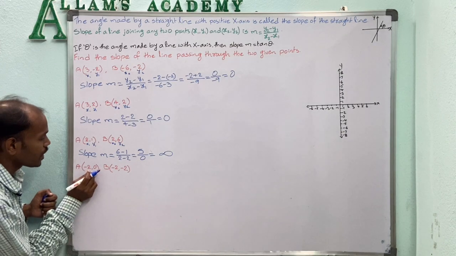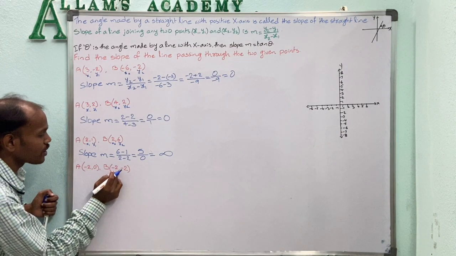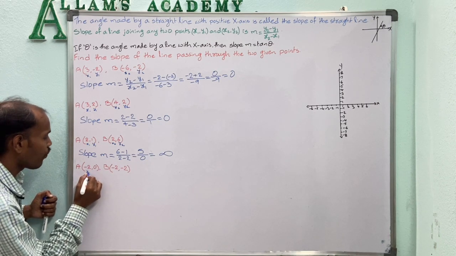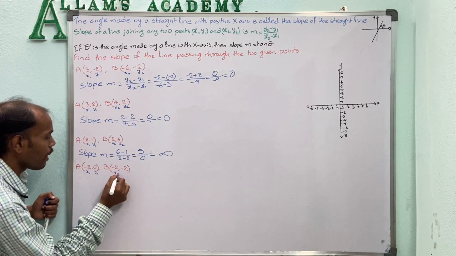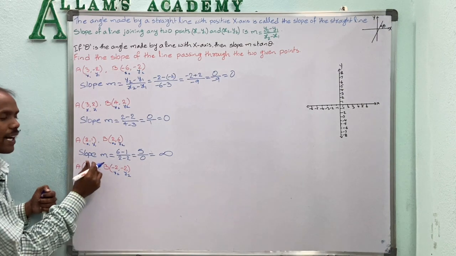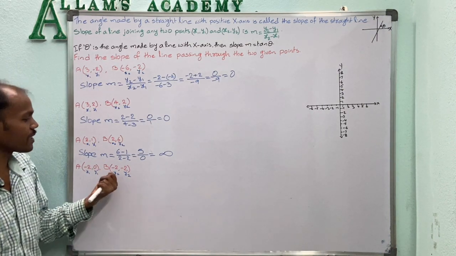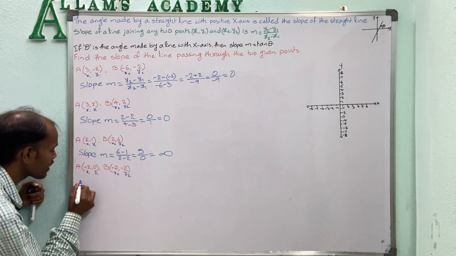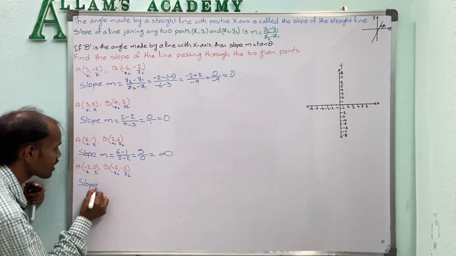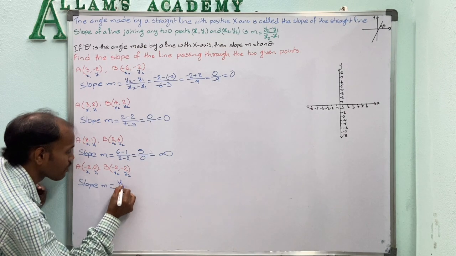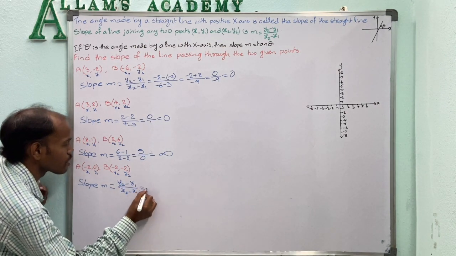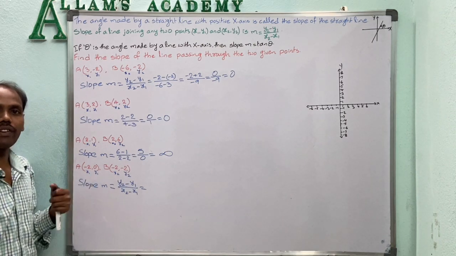Next, if the points are minus 2, 0 and minus 2, minus 2, then we find its slope. So minus 2 comma 0 are the x1 y1 coordinates and minus 2 comma minus 2 are the x2 y2 coordinates. Then its slope m is equal to y2 minus y1 by x2 minus x1. So here y2 is minus 2 and y1 is 0.